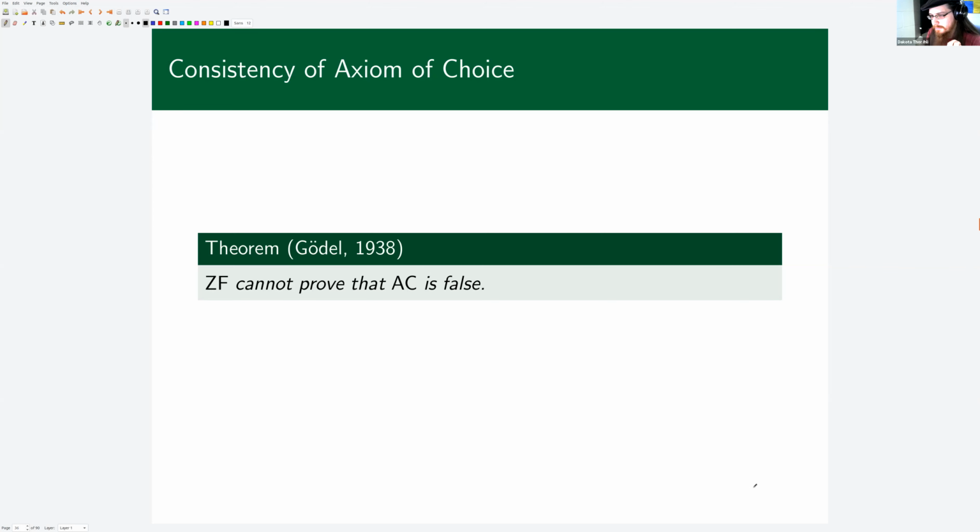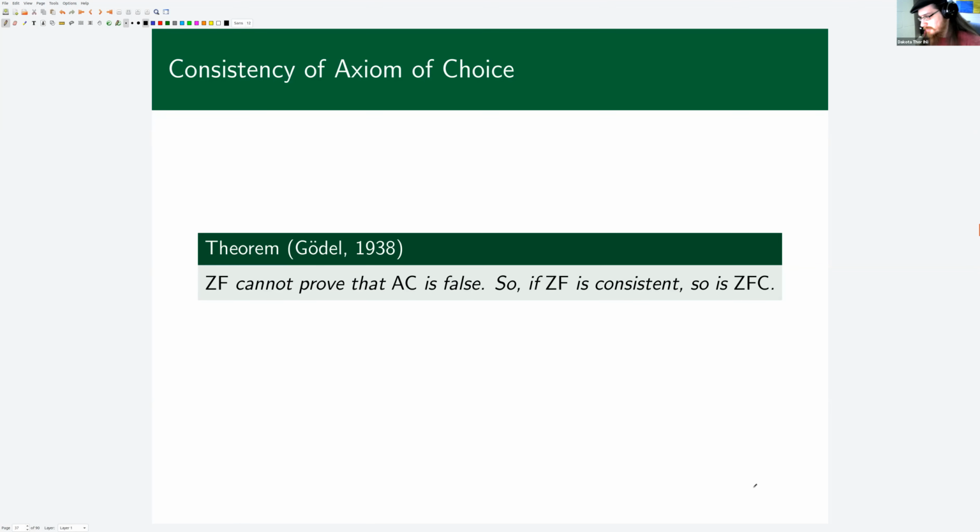This is a theorem of Gödel, one of the gods of modern mathematical logic, from the late 30s. And this means that if ZF is consistent, so is ZFC. The benefit is that if you believe that ZF is consistent, which most people do, there's another more famous theorem of Gödel that says you can't really prove that it's consistent.